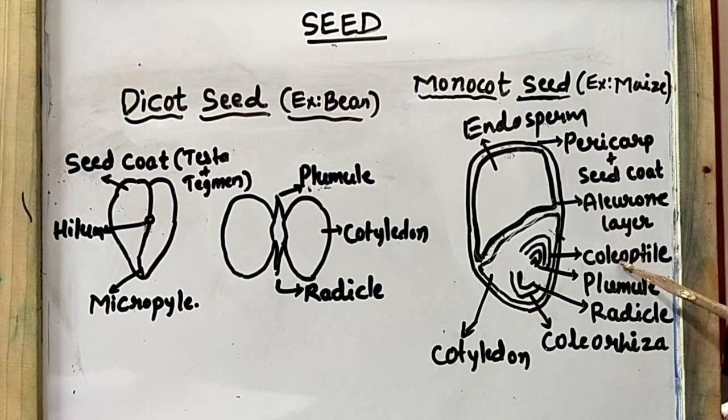The coleoptile protects the embryonic shoot, whereas the coleorhiza protects the embryonic root, or radicle. So this is about the structure of the monocot seed. Hope you all understood this. If you have any doubt, you can ask. Thank you.